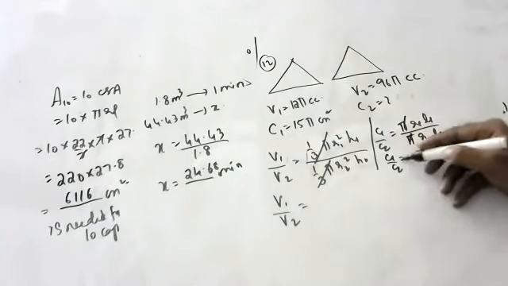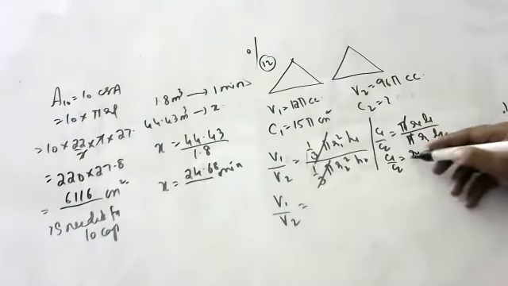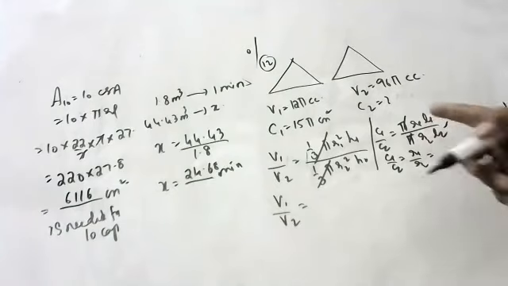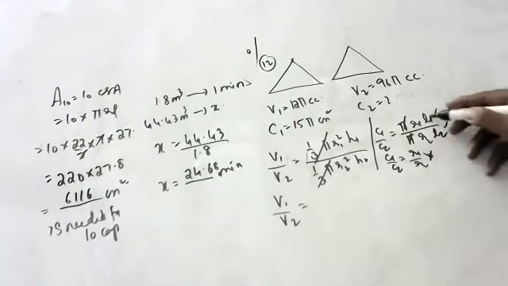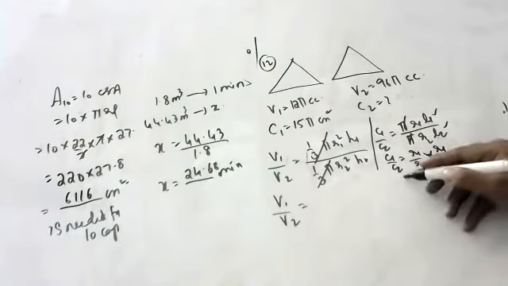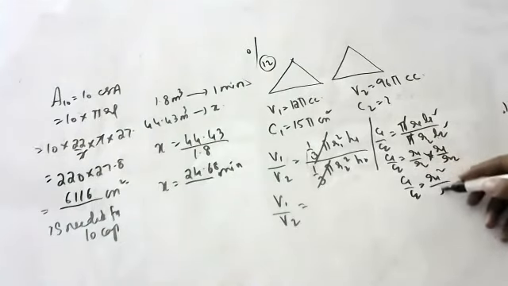C1 by C2 is equal to, children, as they are similar, try to understand, L1 by L2 I can write as R1 by R2. As they are similar, slant heights can also be written as R1 by R2. So C1 by C2 is equal to R1 square by R2 square.